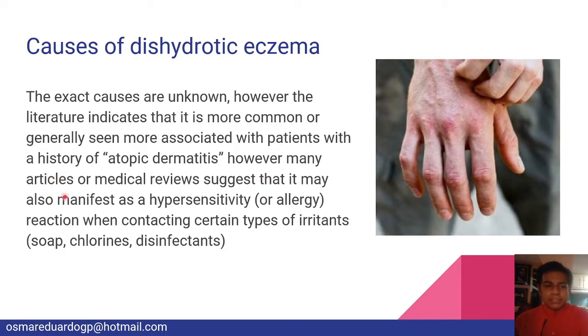Many articles or medical reviews also suggest that it may manifest as a hypersensitivity or allergic reaction when in contact with certain irritants such as soaps, chlorine, and disinfectants. Here we can see some images of this eczema. It looks very different from person to person, which is why there are a lot of images in the presentation.